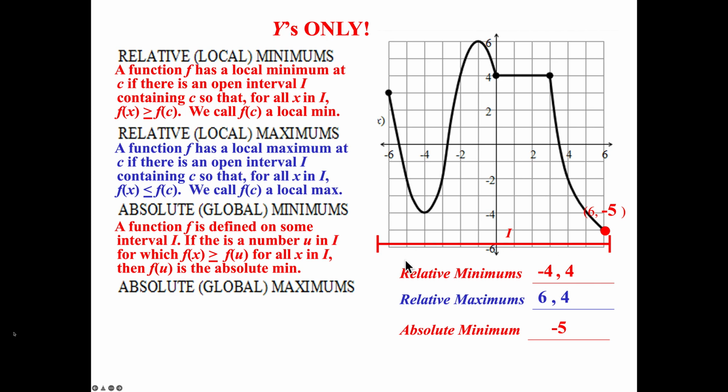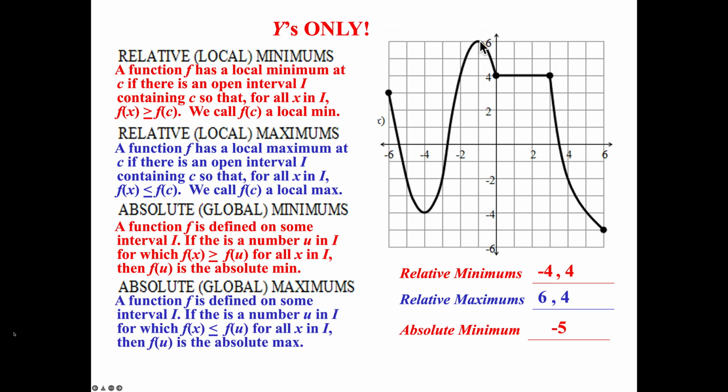Absolute max, now we're going to go same whole interval. Now we want the largest possible y. That was way up here at the top of my graph. There's my overall biggest y value. Again, notice the only thing that changes in the definition is from greater than, which means that was the smallest y-coordinate compared to everybody else.